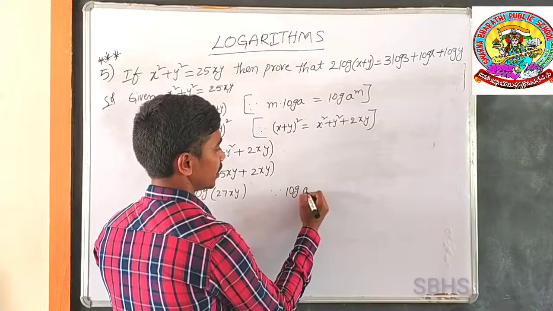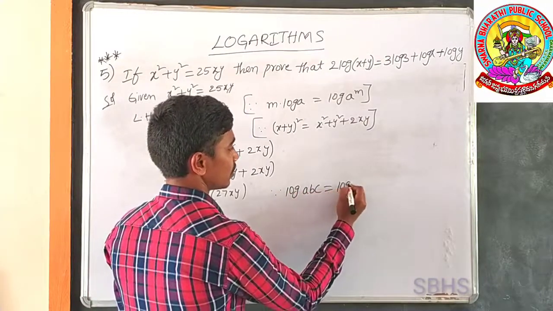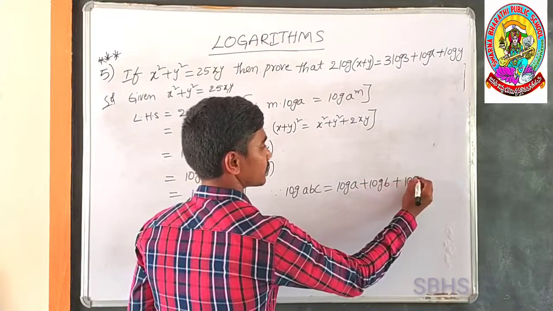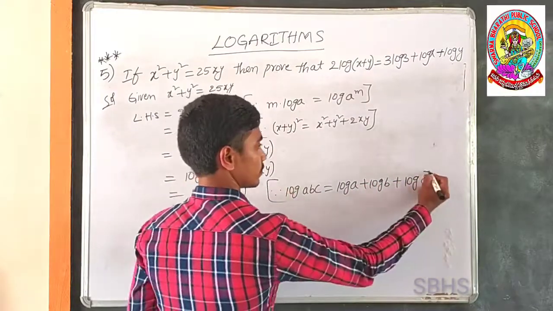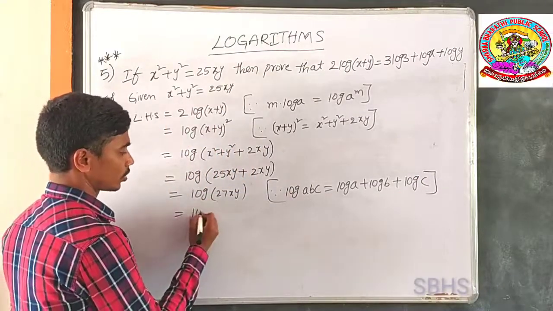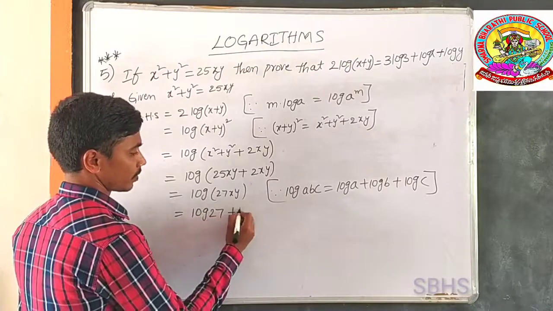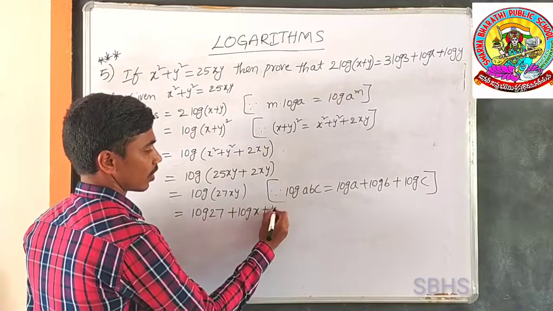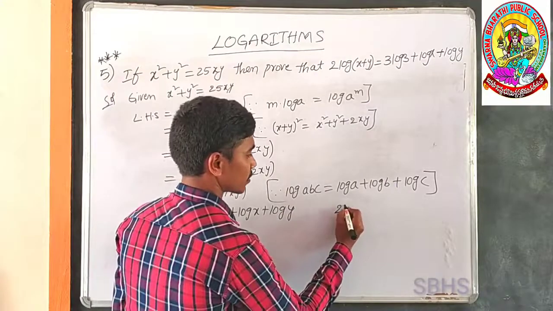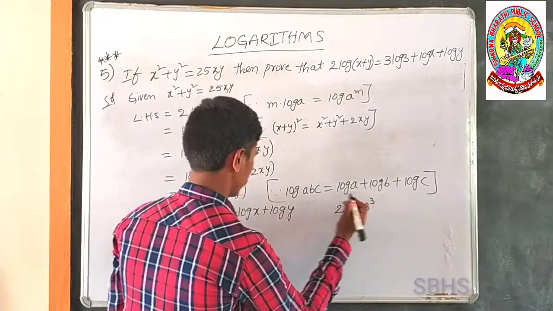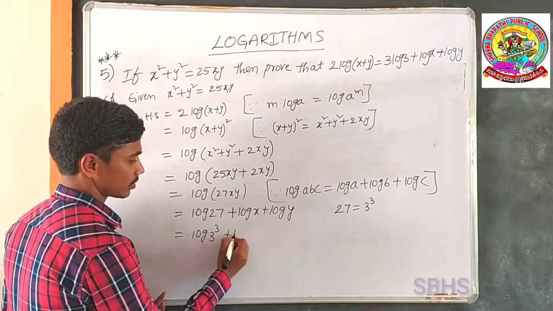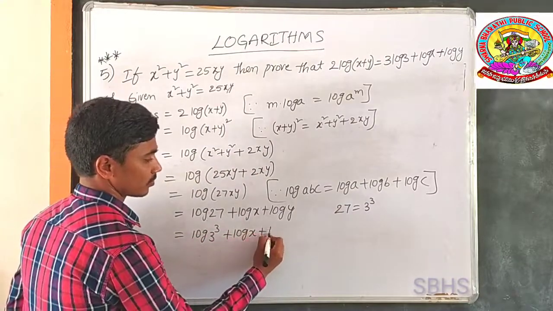Log abc is equal to log a plus log b plus log c. So log 27 plus log x plus log y. 27 can be expressed in the form of 3 cube. Log 3 cube plus log x plus log y.